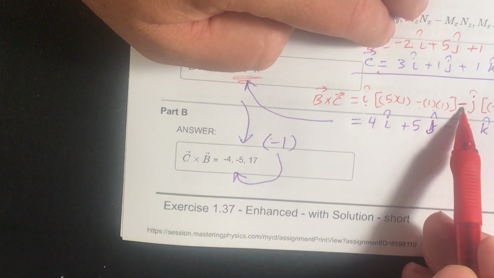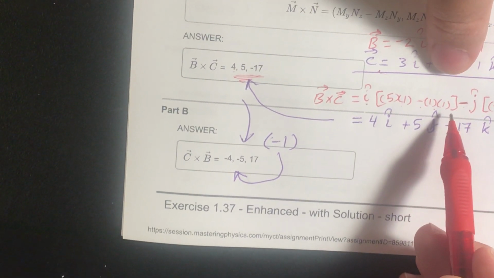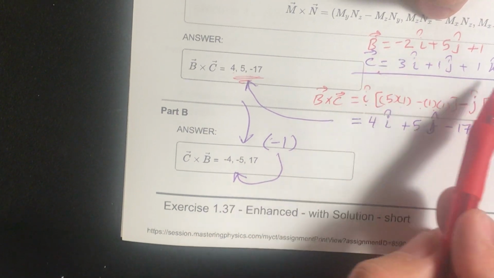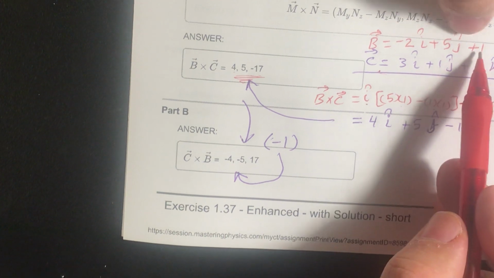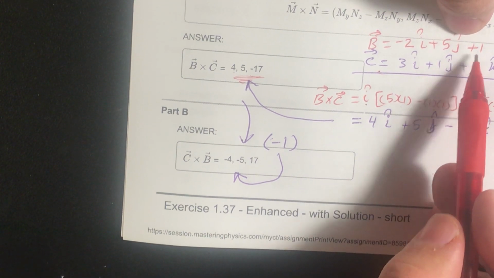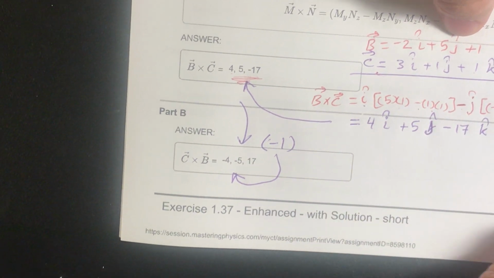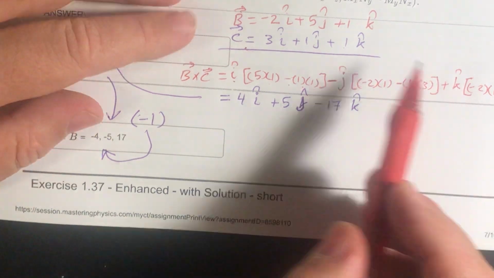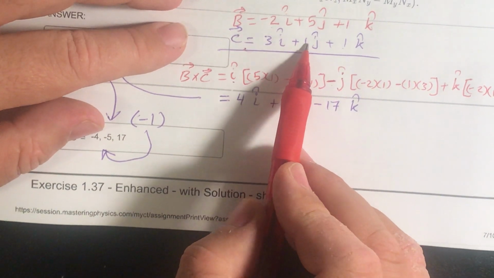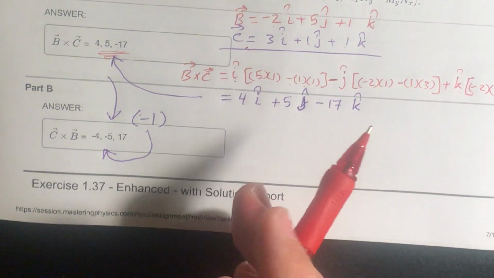Then a negative sign with the J direction: bx cz minus bz multiplied by cx. Then the k component, which is the k direction: negative 2 by 1 minus 5 by 3. This will give us the result.